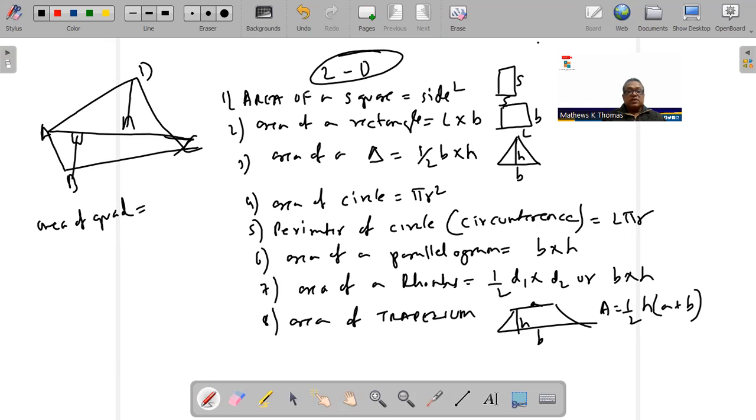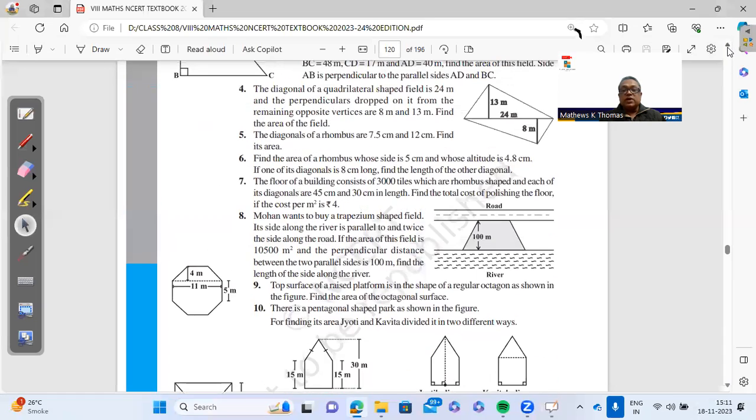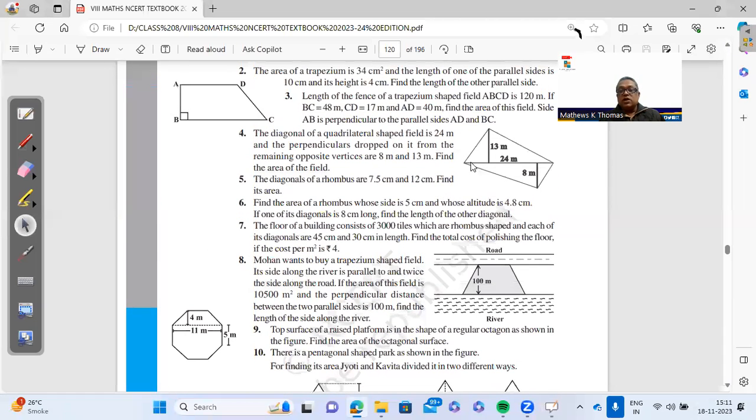Area of quadrilateral is half diagonal, half AC, bracket sum of the offsets, H1 and H2. Okay, basically we're adding the area of the two triangles, but this is the direct formula, half diagonal, that is half AC, bracket sum of the offsets. So there is one question where we can use this formula, that is this question number 4, half diagonal, half 24, bracket sum of the offsets 13 and 8.